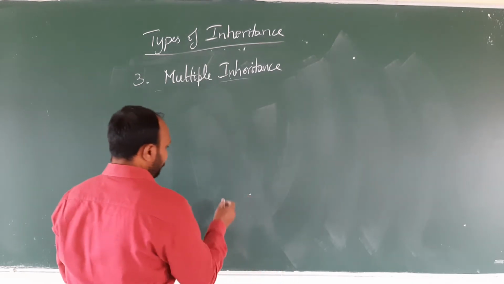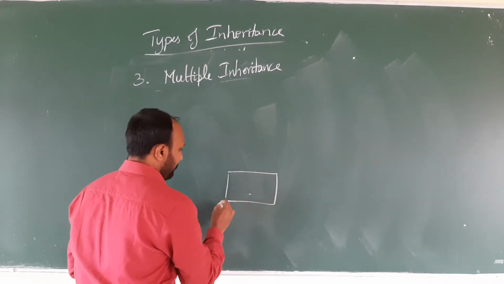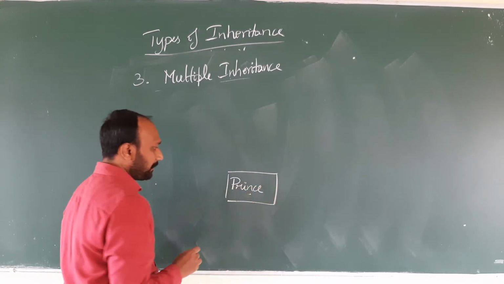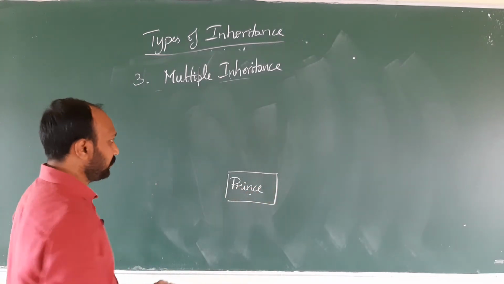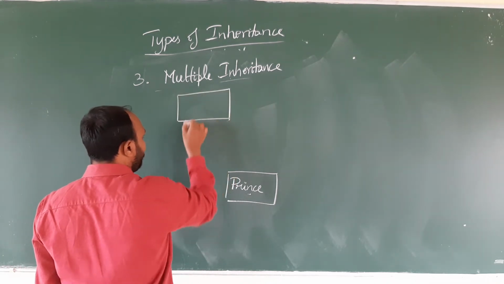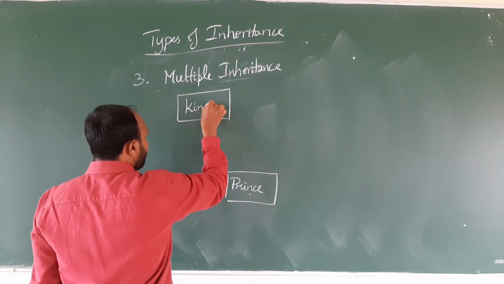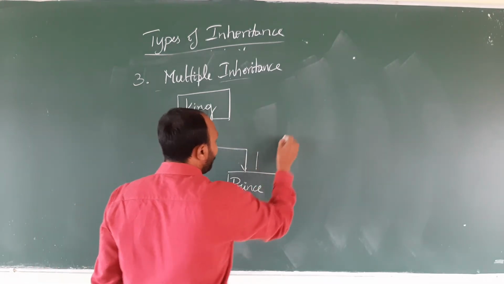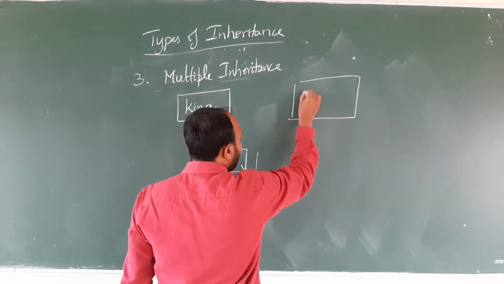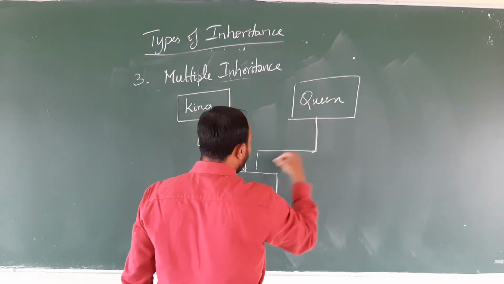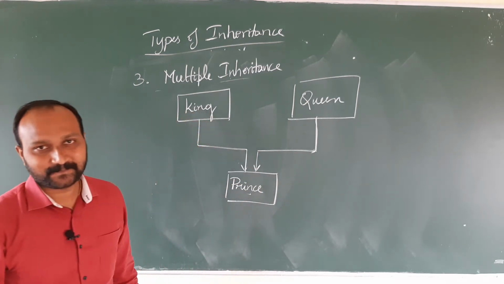What is the example that we can consider here? For example, let us consider a class by the name Prince. The Prince will have properties from the King, as well as some properties from the Queen.